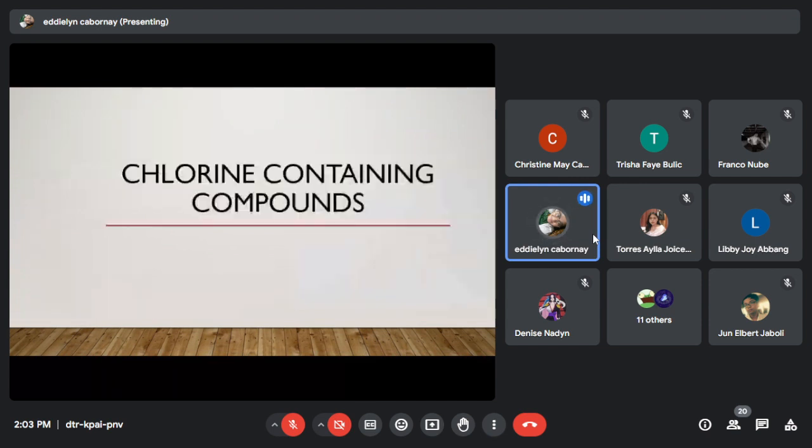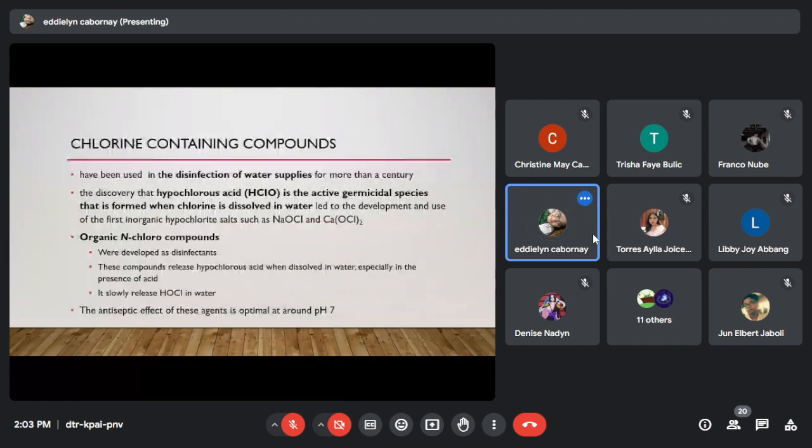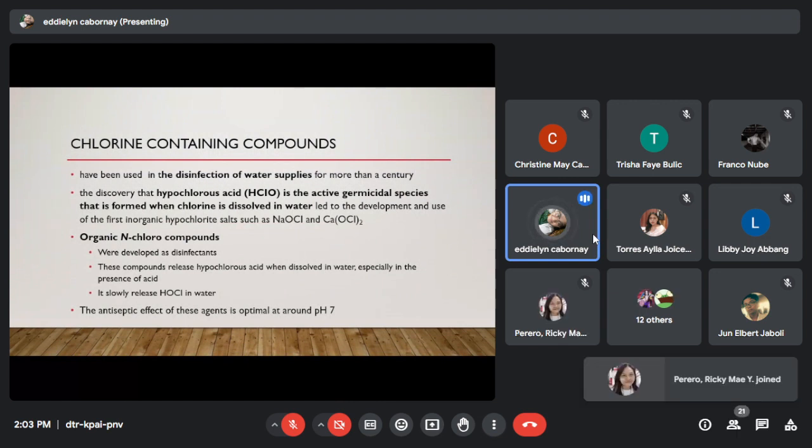Okay. So we have also chlorine-containing compounds. So chlorine-containing compounds have been used for disinfection of water supplies.